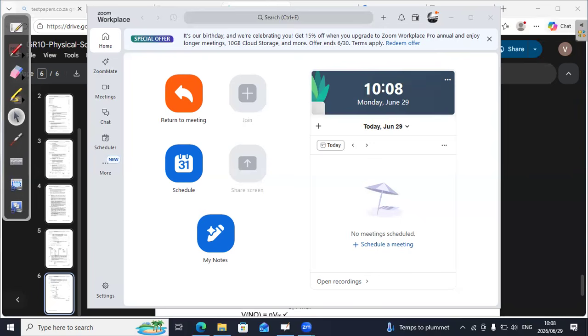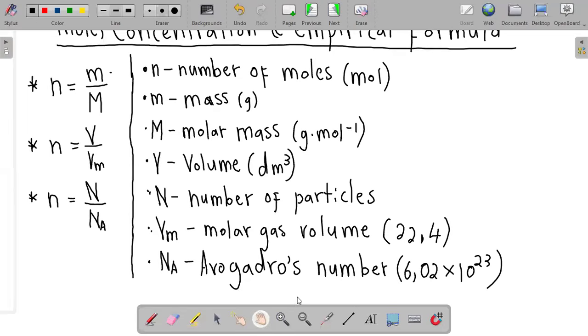This is what we're going to be using, and those are the symbols that we're going to be using here.